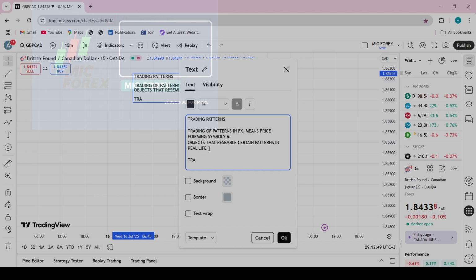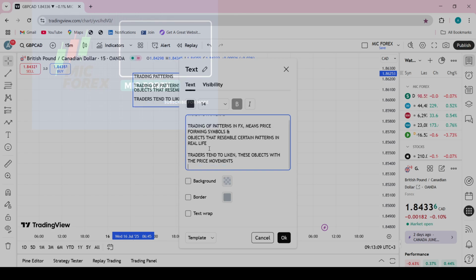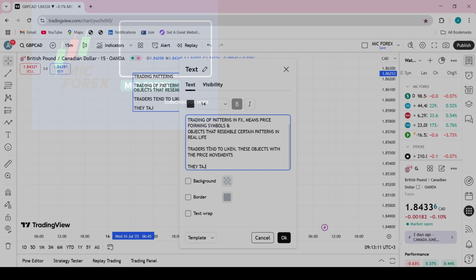So traders tend to liken these objects with the price movements, and they take decisions.